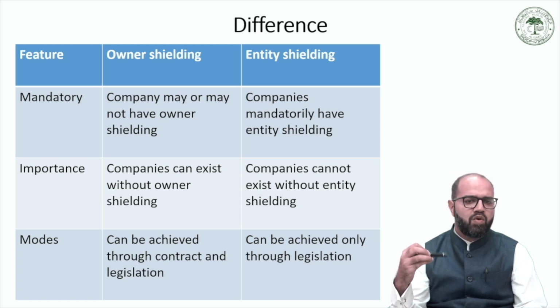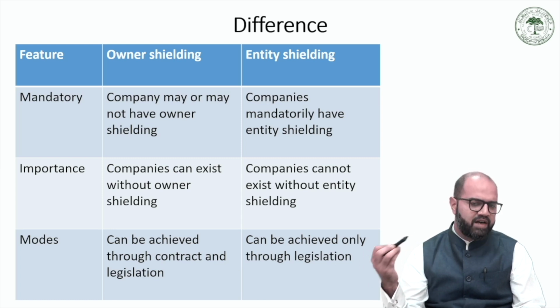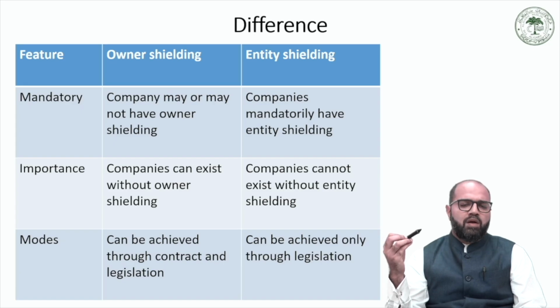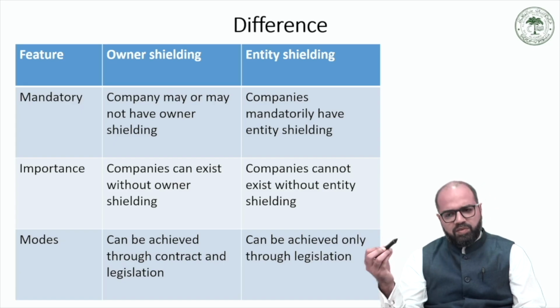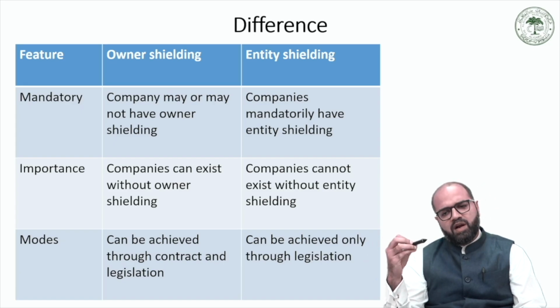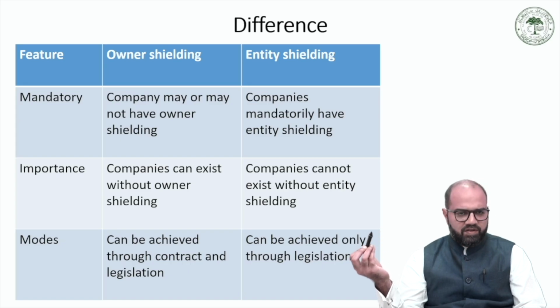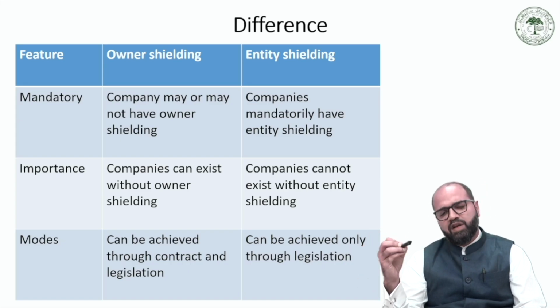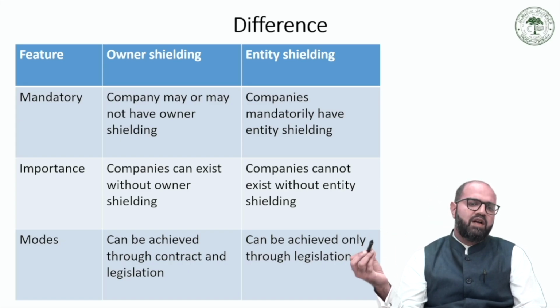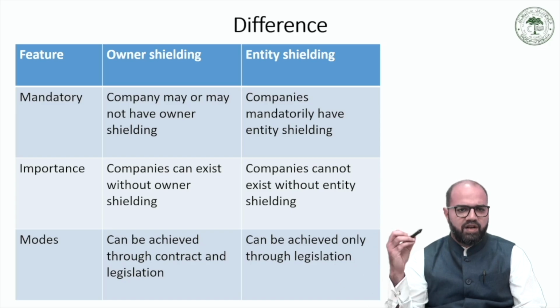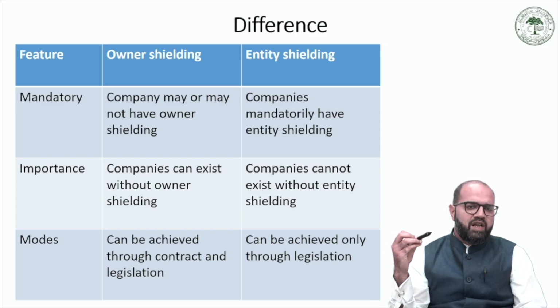On the other hand, no company can exist without entity shielding, and it is not possible to register a company that does not have separate legal personality. Whenever a company has separate legal personality, it does get the benefit of entity shielding. Now, owner shielding can be achieved through contract, and it can also be achieved through legislation.